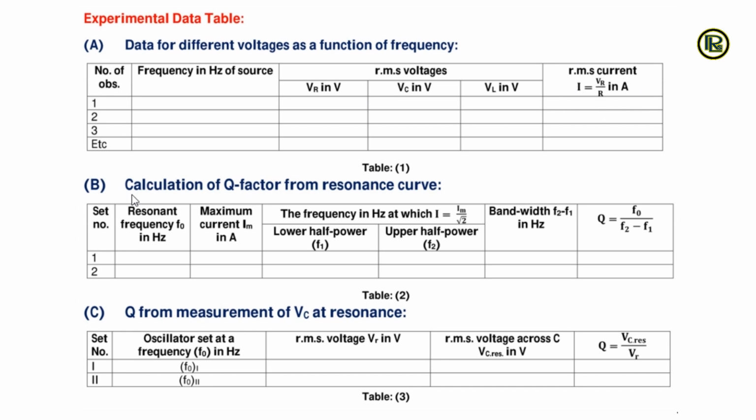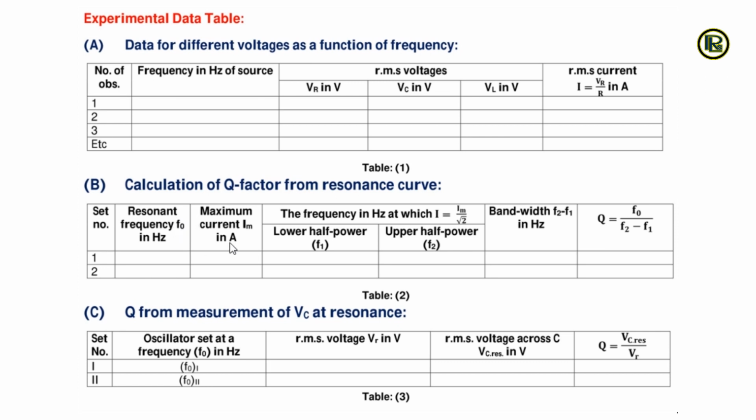And the second table is from the response curve. So using table 1, we have to get the first response curve, that is y-axis I and x-axis omega. From that resonance response curve, we have to collect this data to find the quality factor.